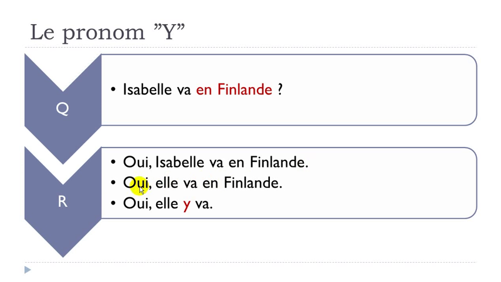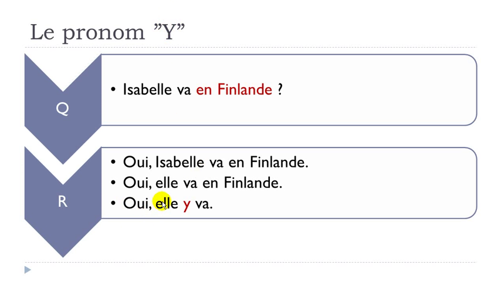So the first option that we would have is to avoid repeating Isabelle, okay? So, elle va en Finlande, all right? And the other option we would have would be to avoid repeating this en Finlande, okay? So it's a place, it's a country, okay? And in that case, it does mean that it would be possible to use this Y, so I, you pronounce it I, okay?